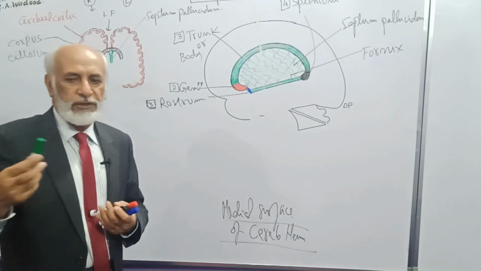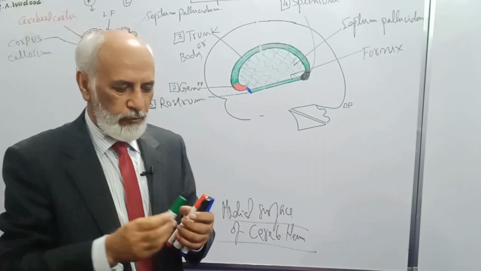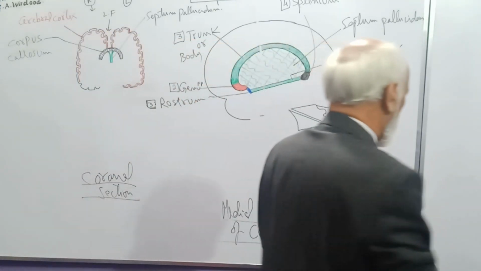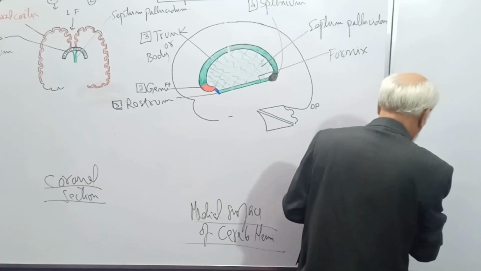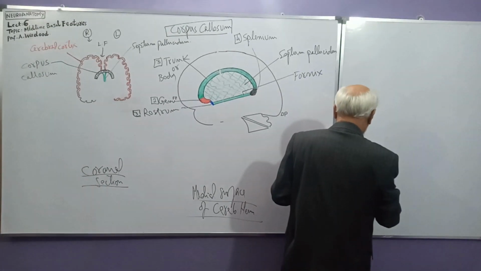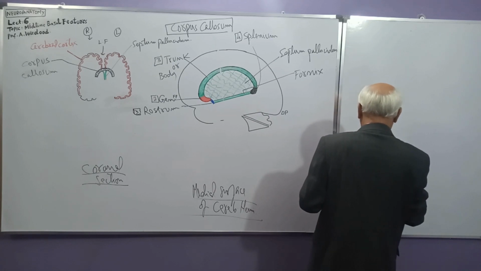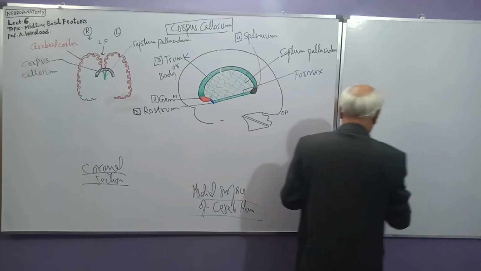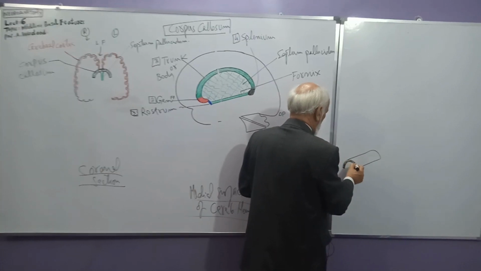Now I will draw a three-dimensional view of the corpus callosum and septum pellucidum so that your concept becomes more clear. Now can you see this is the cut end of the corpus callosum.